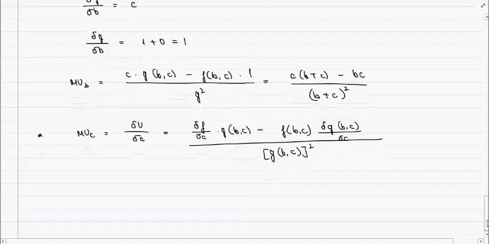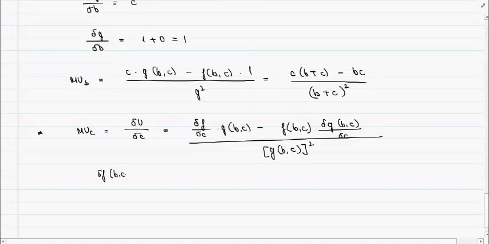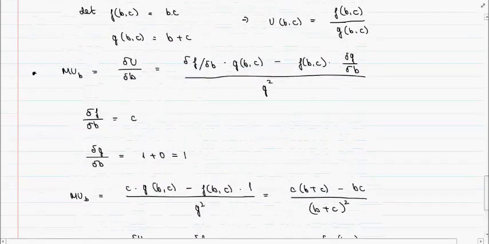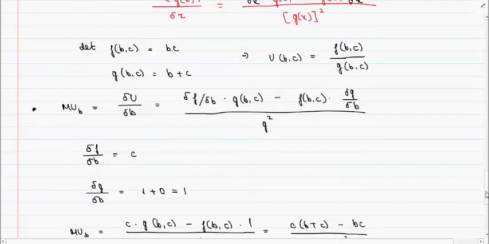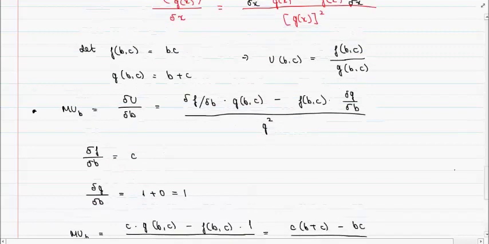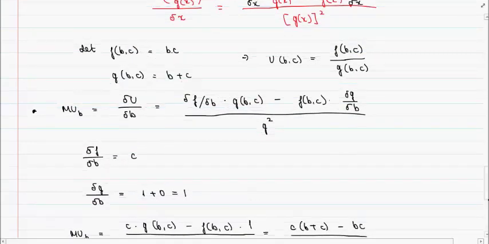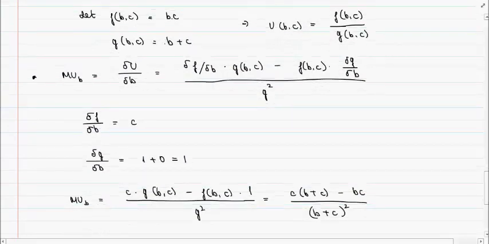So again, the differential of f with respect to c. The f function is b times c, and if you differentiate that with respect to c, you will get b. And the differential of the g function with respect to c: the g function is b plus c, so if you differentiate b with respect to c, you get 0, and if you differentiate c with respect to c, you get 1.